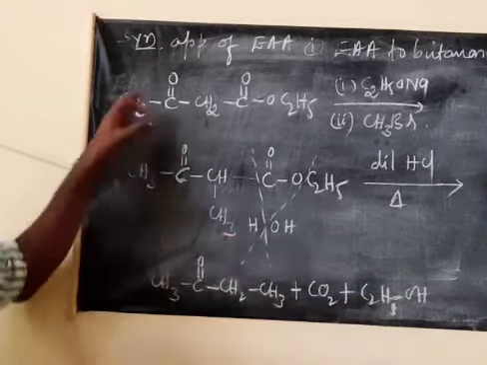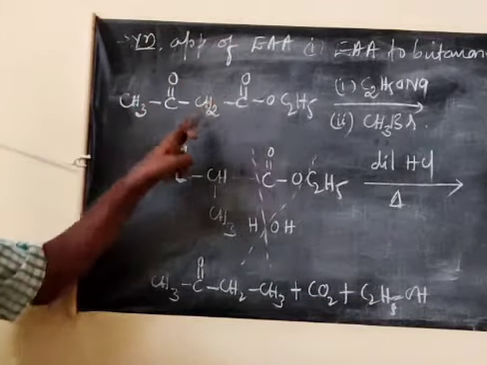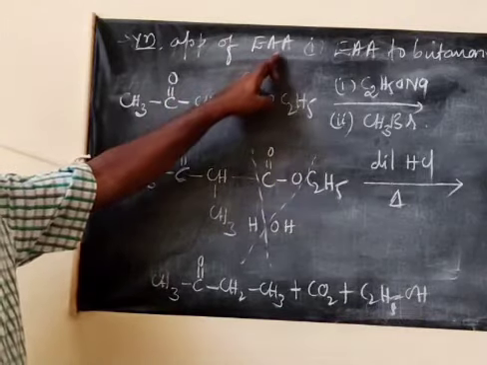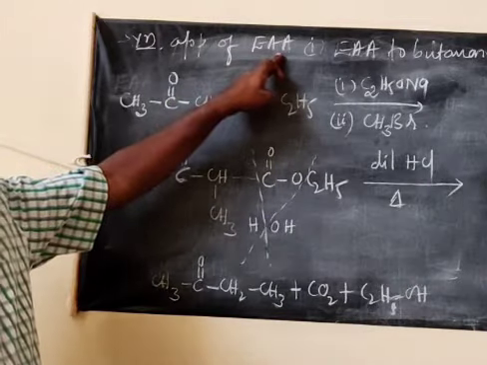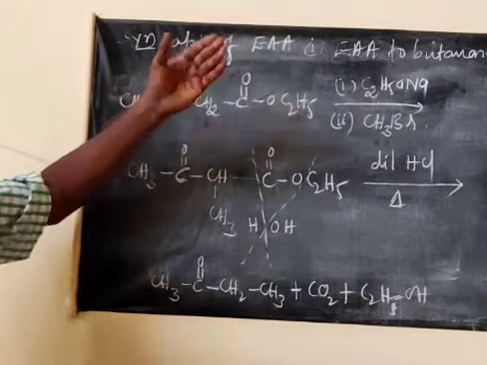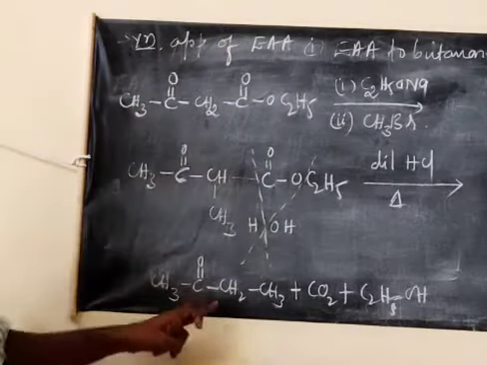So this is about the conversion of ethyl acetoacetate to butanone. One can be asked to write the conversion of ethyl acetoacetate to butanone.